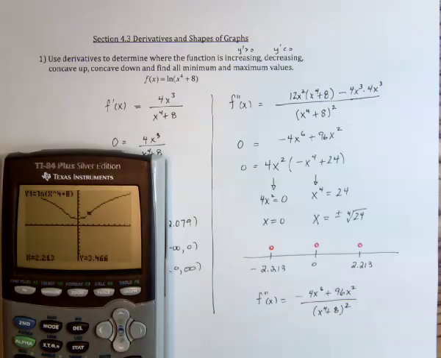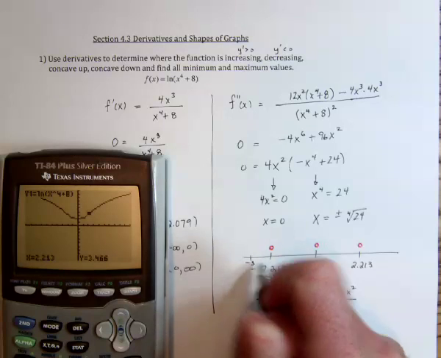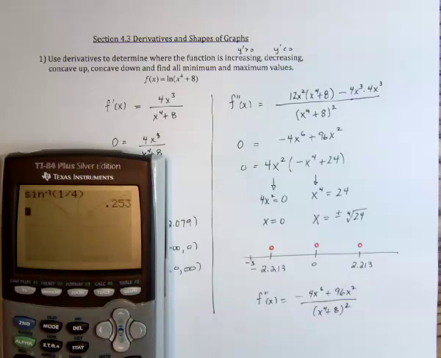So we could test, for example, over here, -3, and see is the answer positive or negative. So it's going to be -4, and then a -3 is raised to the 6th, plus a 96, and a -3 squared is 9.